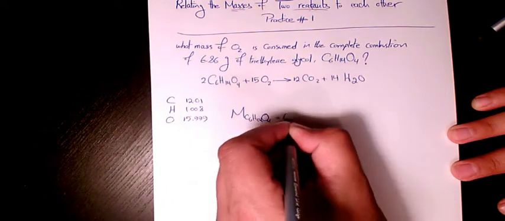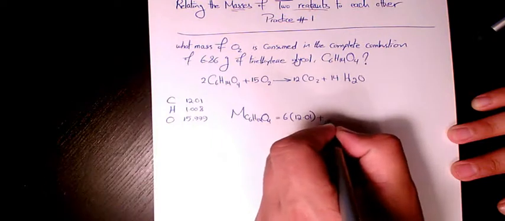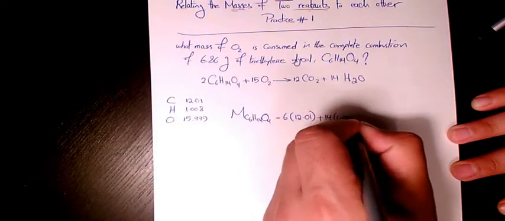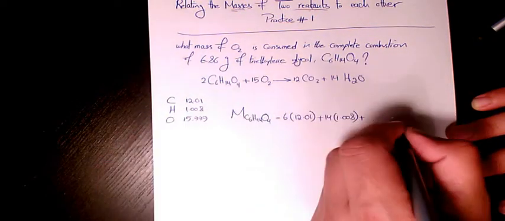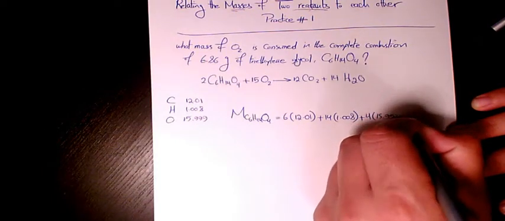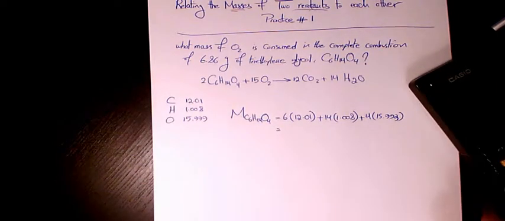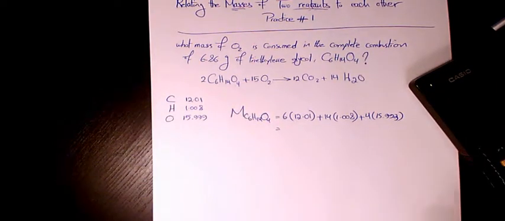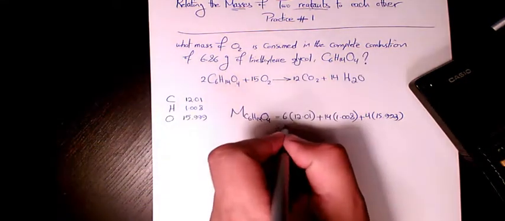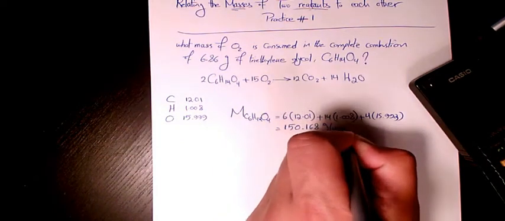molar mass: 6 times 12.01, which is the atomic mass of carbon, 14 times 1.008, which is the atomic mass of hydrogen, and 4 times 15.999. That makes it 150.168 grams per mole.